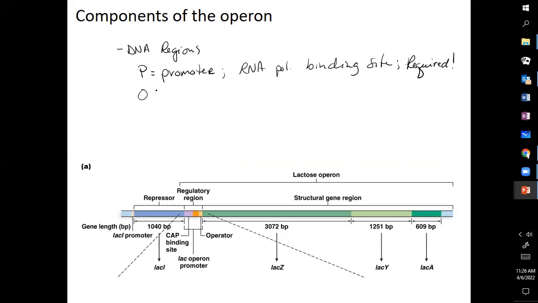There is also an operator, which is actually overlapping the promoter region. They're not mutually exclusive. So here's both our promoter and our operator binding region in here. And remember what an operator is? This is the repressor binding site.